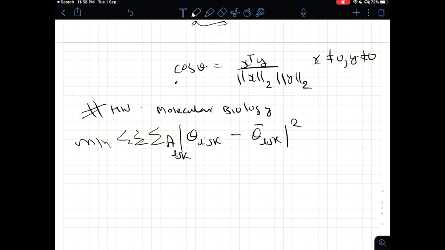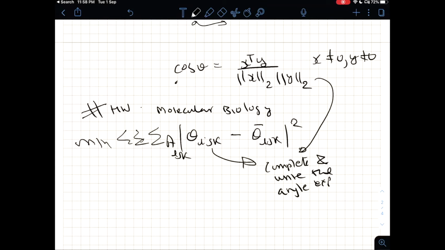This had to be minimized. Now for three such atoms in three-dimensional space, using this definition, complete this story and write the angle expression.